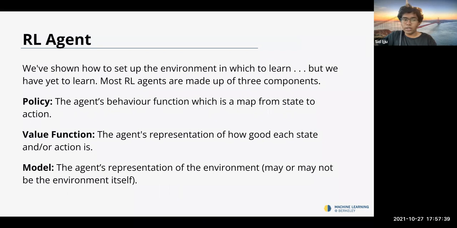This value function is developed by the agent as you go along. Obviously, if we gave it to it, we wouldn't really be learning anything. And then the model is the agent's representation of the environment. It's derived off of the observation it gets from the state, which may or may not be the environment itself, depending on whether we have a fully observable or a partially observable environment.